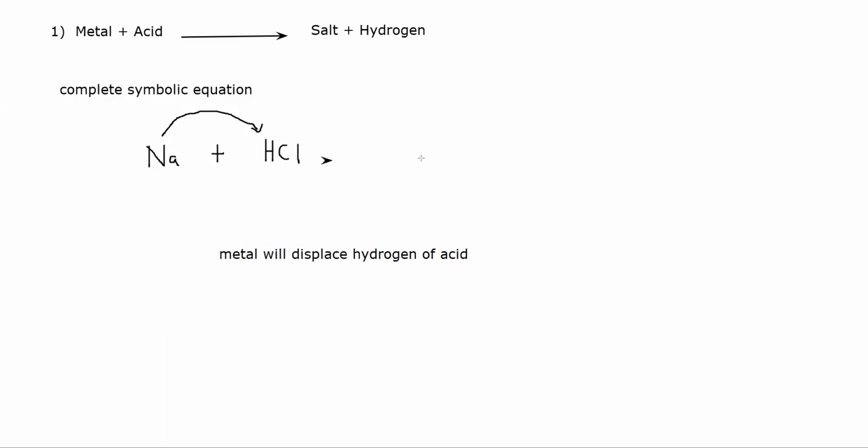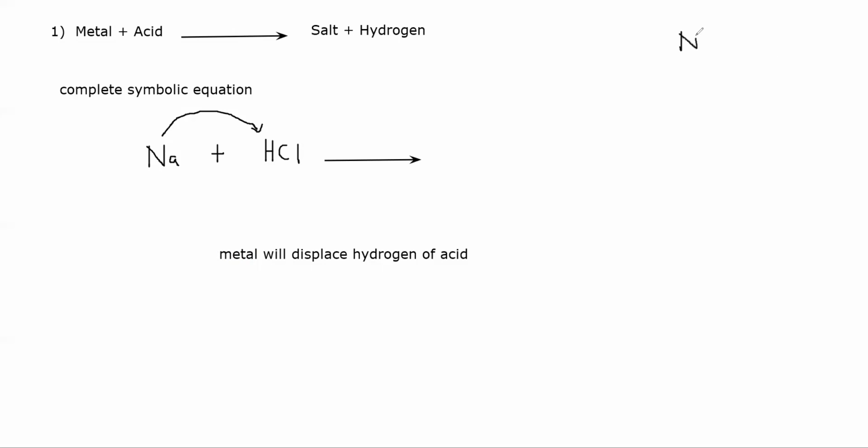First it was hydrochloric acid, HCl. So the metal will displace this hydrogen. When the metal displaces this hydrogen, it means sodium will form a bond with chloride. What will be the formula when sodium and chlorine form a compound?